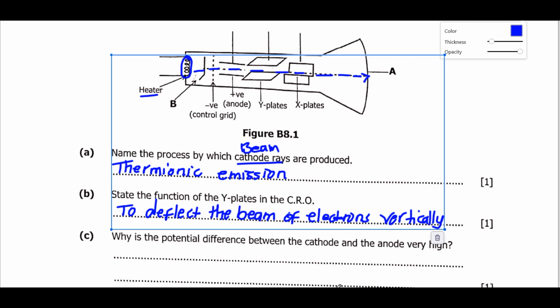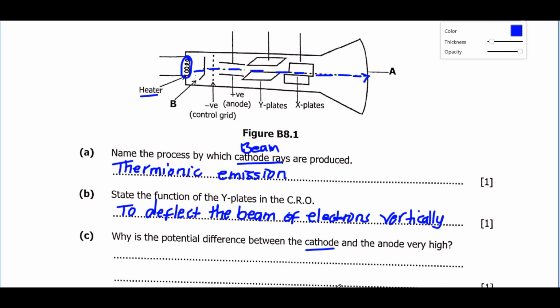Why is the potential difference between the cathode and the anode very high? So we are trying to ionize the gas pressure. Remember, the way the CRO was made, it was made to be evacuated, a vacuum. Why do we need it to be a vacuum?